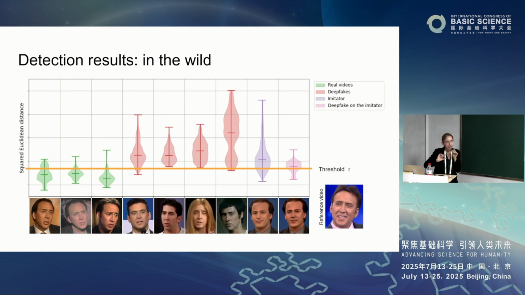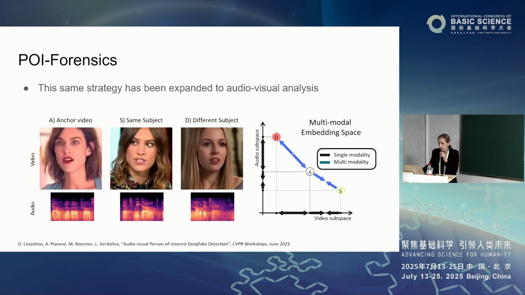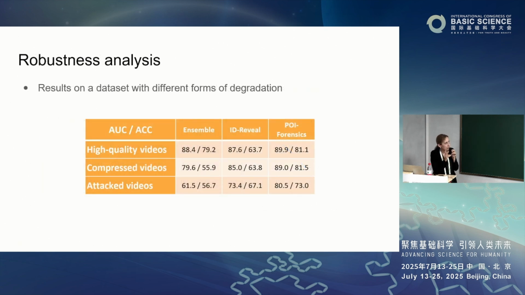What was really an improvement of this method was the inclusion of audio. Audio was really great in terms of improving the performance. So we improved this method and expanded it to consider an audio-visual analysis. This is a spectrogram of the audio. And we really obtained much better results using audio and video.